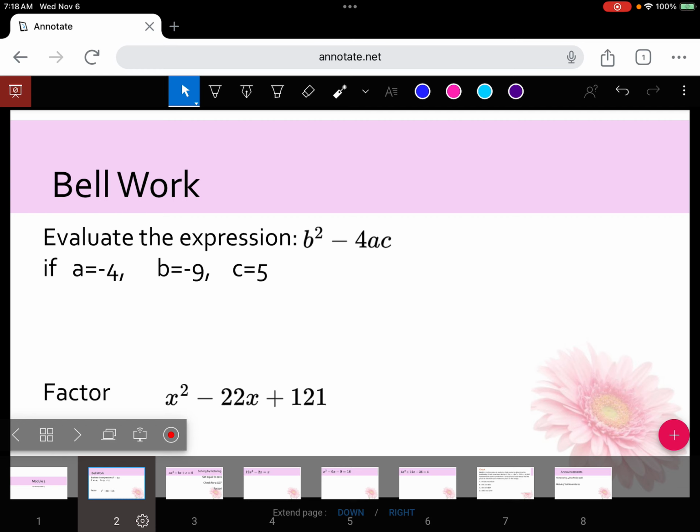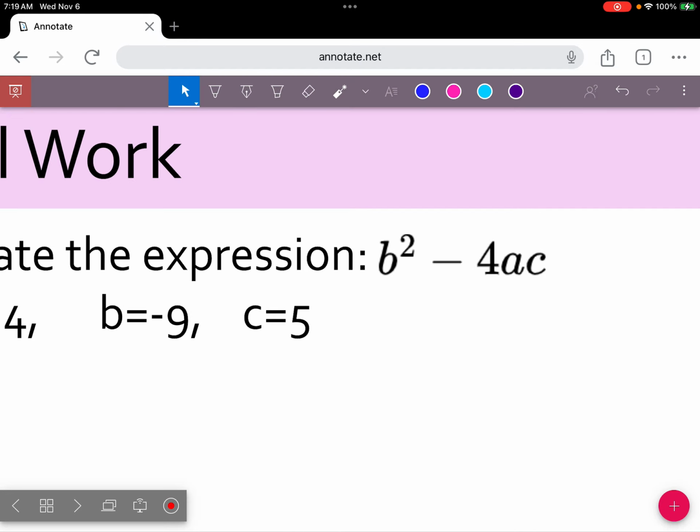Substitute it in. I know what A is, I know what B is, I know what C is. Substitute them in. Be careful because we've got some negative numbers in there. But what are we substituting in? So we know that our B is going to be -9, so we need that to be our (-9) squared.